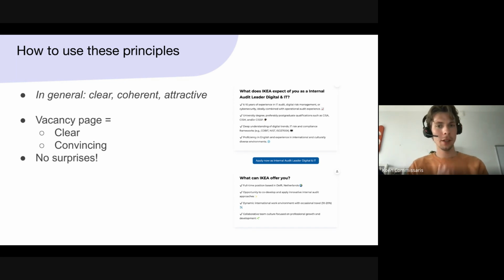So as you can see here, it goes really specifically into the years of experience within certain fields, but also the university degree, and the deep understanding of digital trends, and certain certifications or qualifications that they should be familiar with. And then, of course, also the English communication skills.